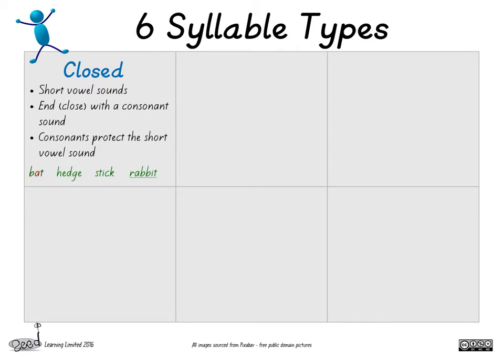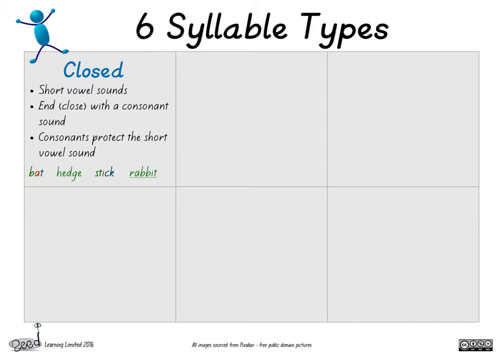In bat, for example, here is the vowel sound a, and here is the consonant t, closing off the syllable. In hedge and stick, both still 1-syllable words, we can see that more than one consonant is used to close the syllable.